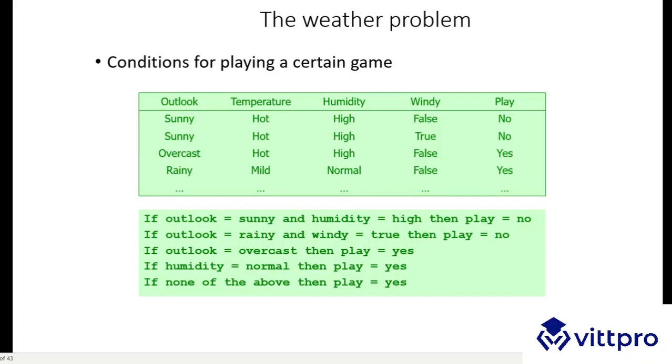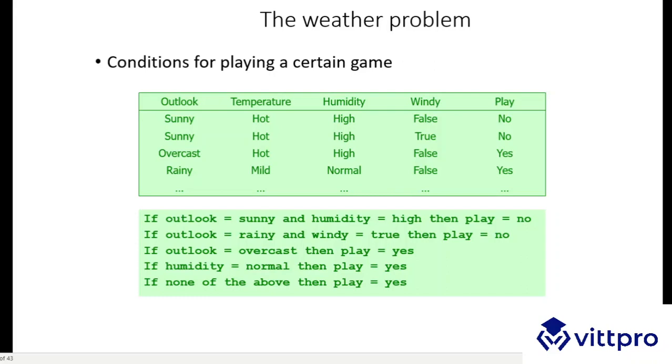Now there is an example of a weather problem, which is called the association problem, where you say you want to play or you don't want to play based on the different types of weather: outlook, temperature, humidity, windy. So there are certain association rules. If outlook is sunny and humidity is high, then we play. If outlook is rainy and windy is true, then we don't play.